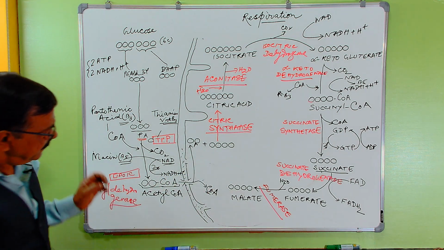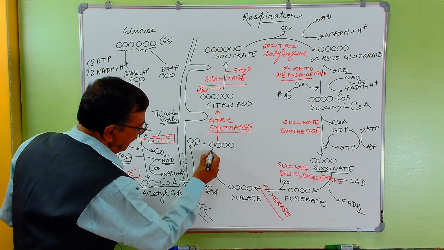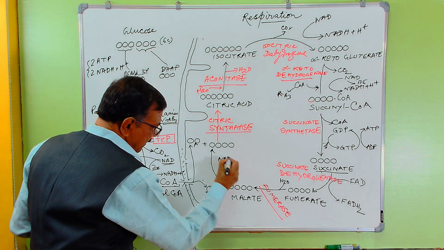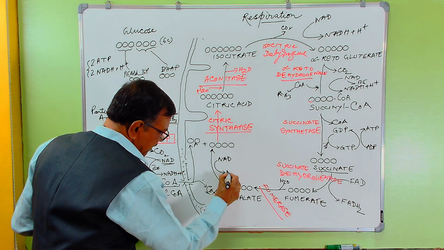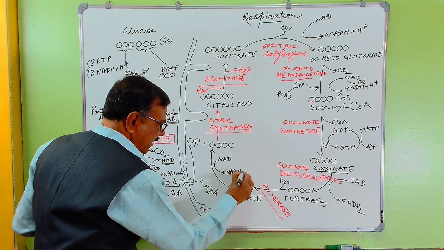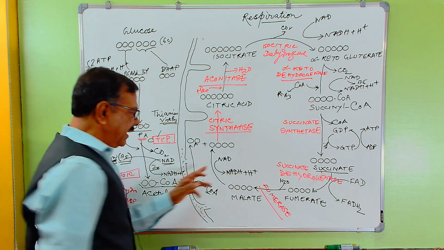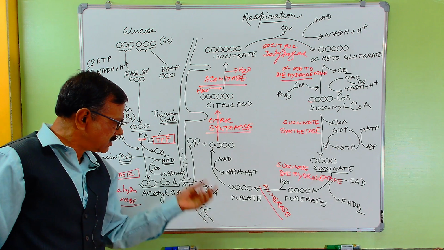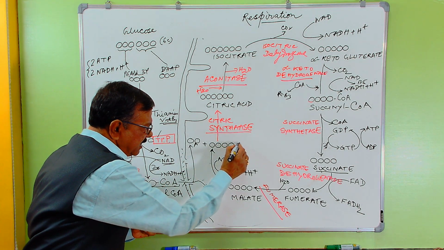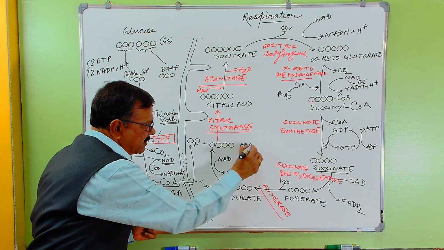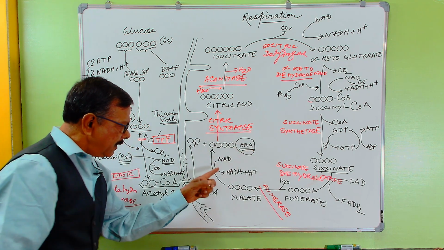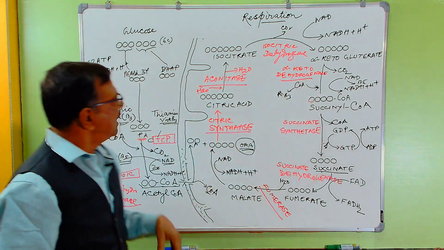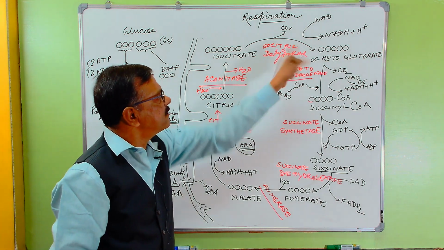Here again NAD will be converted to NADH plus H plus, in the conversion of malic acid to oxaloacetic acid, OAA, or simply oxalate. So this is a case of dehydrogenation.